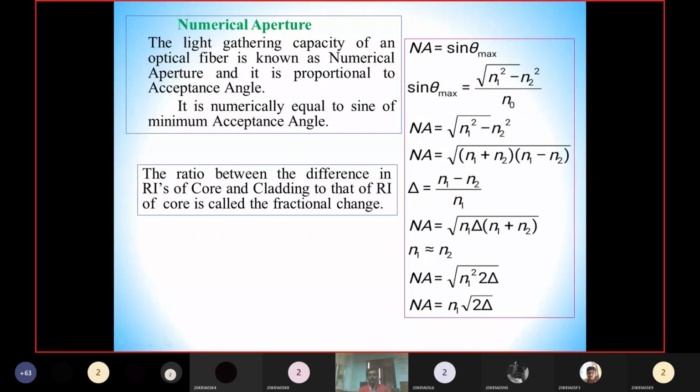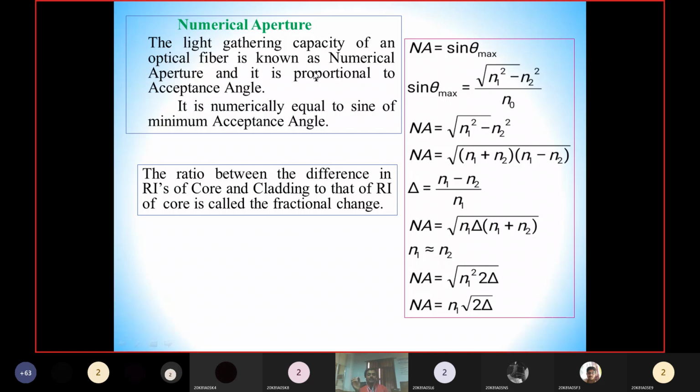Now, coming to the numerical aperture. Here, this is theta max, the acceptance angle. Numerical aperture equals the sine of the acceptance angle. That is the formula for numerical aperture.